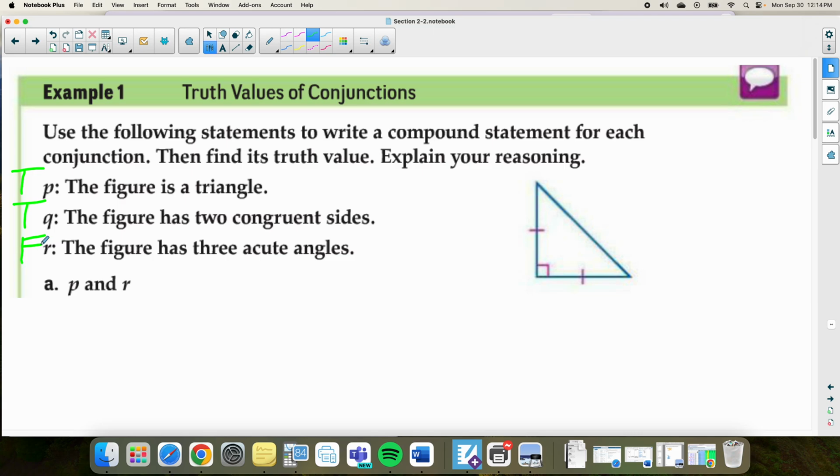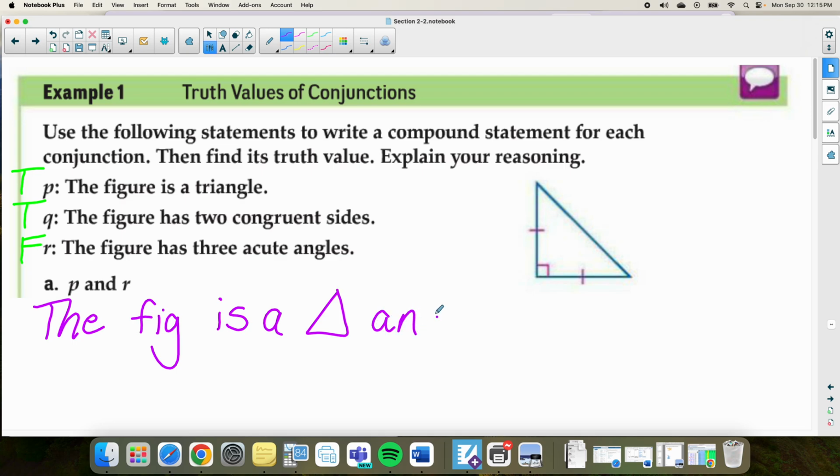So we're going to start with P, and you can abbreviate, you can use symbols. If you can shorten something up, I'm okay with that. When I do figure, I use FIG. When I say it is a triangle, I use a triangle symbol, so I don't have to write out the word. I am totally fine with you shortcutting words.